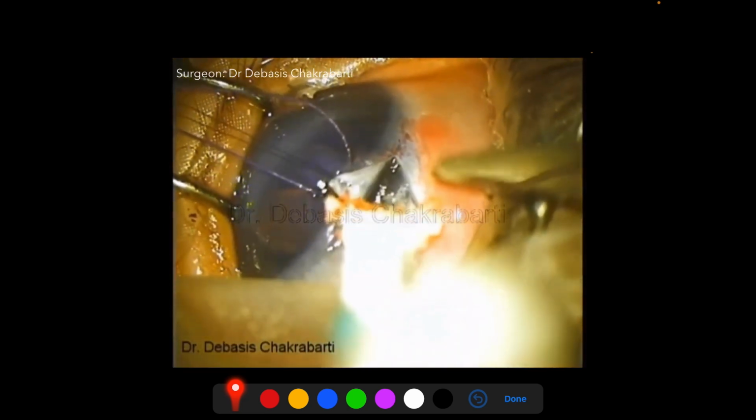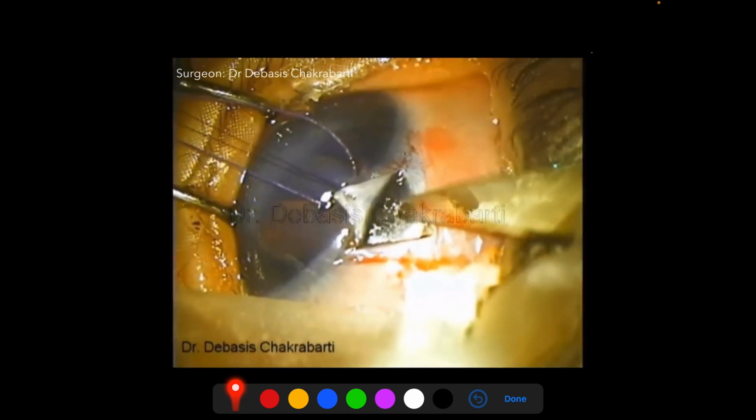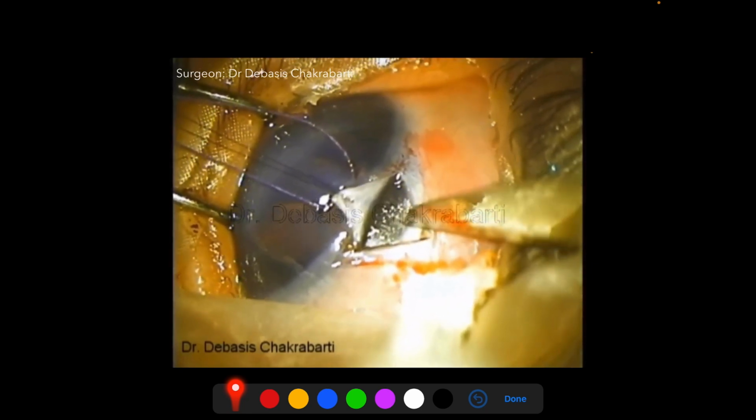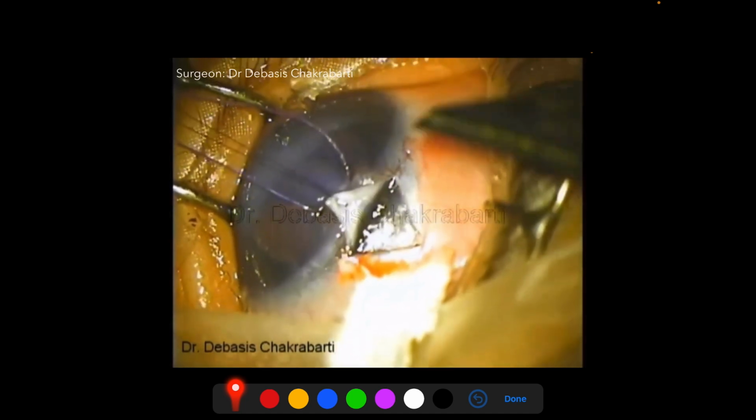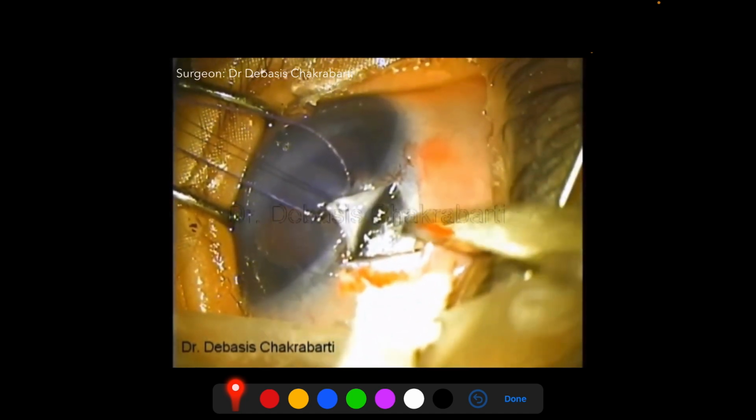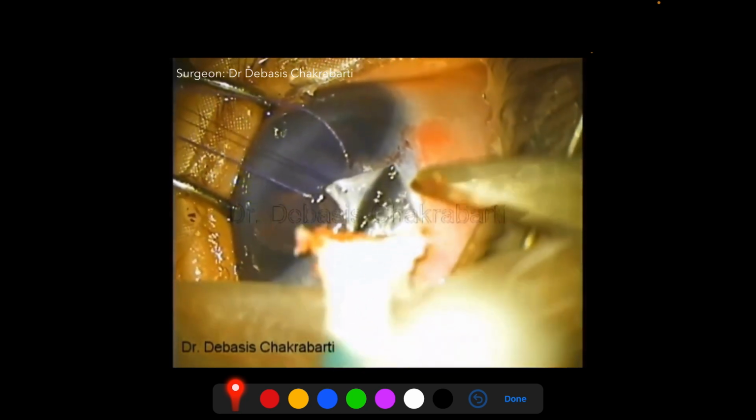Here the radial incision is made and is progressively deepened to expose and incise the Schlemm's canal.